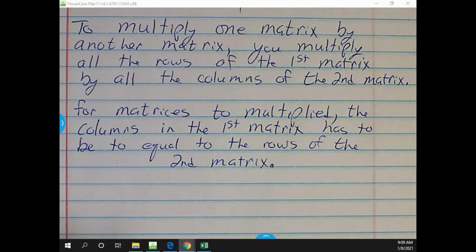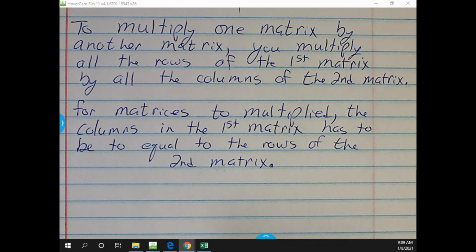Okay, so if you have 4 columns in the first matrix and you have 4 rows in the second, then those two things match up, and then you're good to go. You can multiply this thing out.